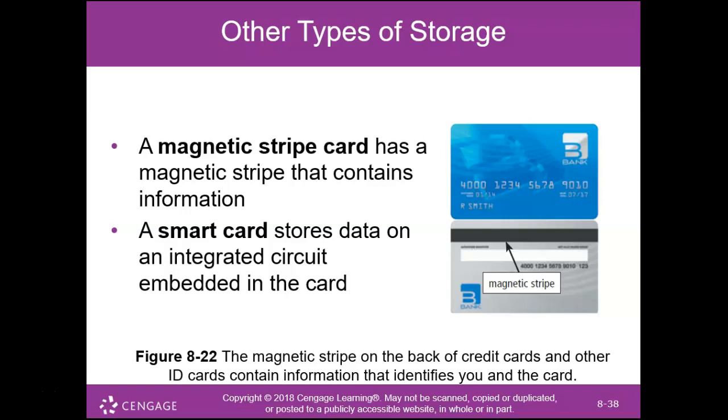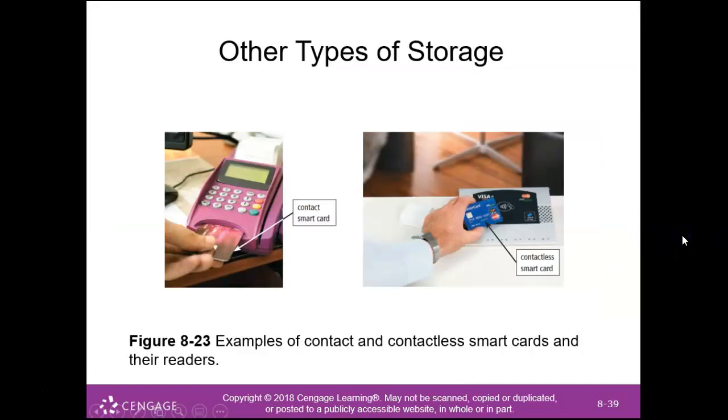Unlike a magnetic strip, which holds a static amount of data in the card about the account, the chip on your new credit cards is smart. It's smart enough to produce a unique code each time it's used and can update the data. Now, smart cards have two types of interfaces: contact and contactless.